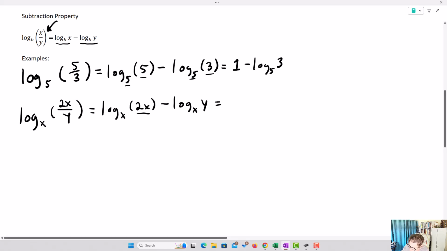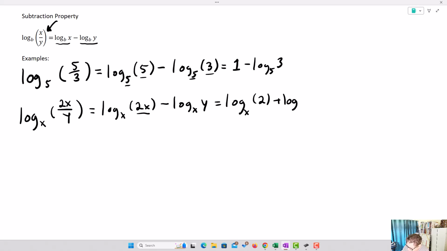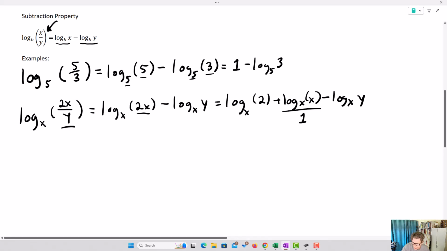So I'll make that log base x of 2 plus log base x of x, minus log base x of y. And we could change that one into a 1 if we want: log base x of 2 plus 1 minus log base x of y. So this is called an expansion because we're taking the argument and expanding it into separate logarithms.